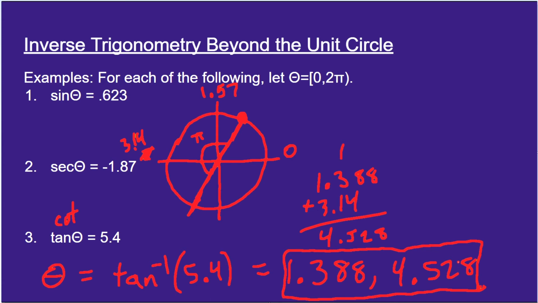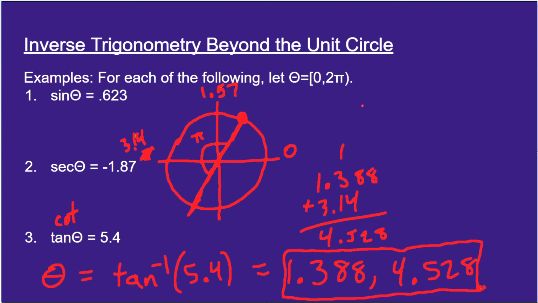So what I hope you guys have seen in this section is that finding the first solution for an inverse trig problem is actually not very challenging. It's pretty simple to plug it into a calculator. Finding the other solutions is a little bit more tough, but by drawing a diagram and keeping in mind our idea about the ratios, make sure that you have in your notes how we were able to solve this second value for tangent.